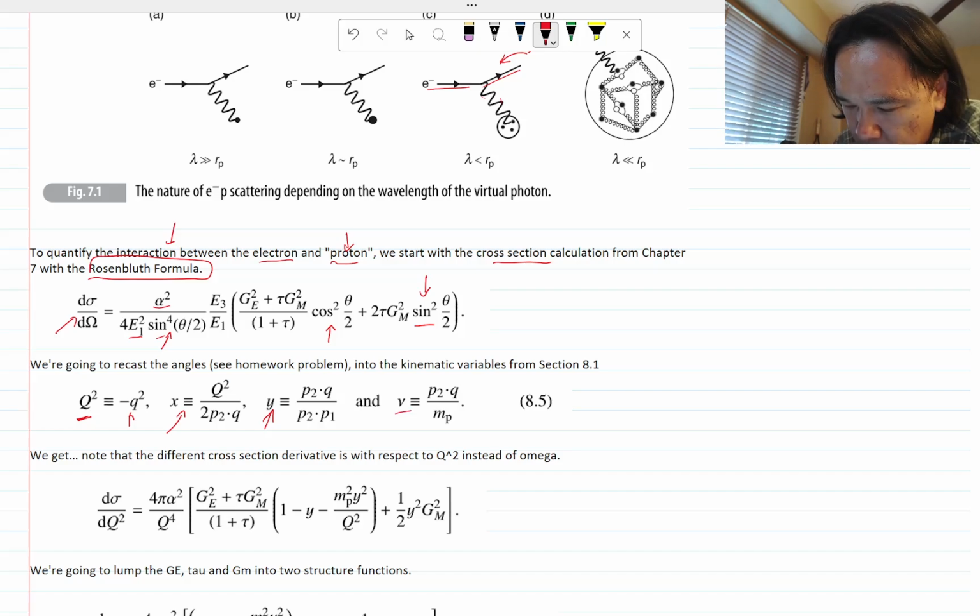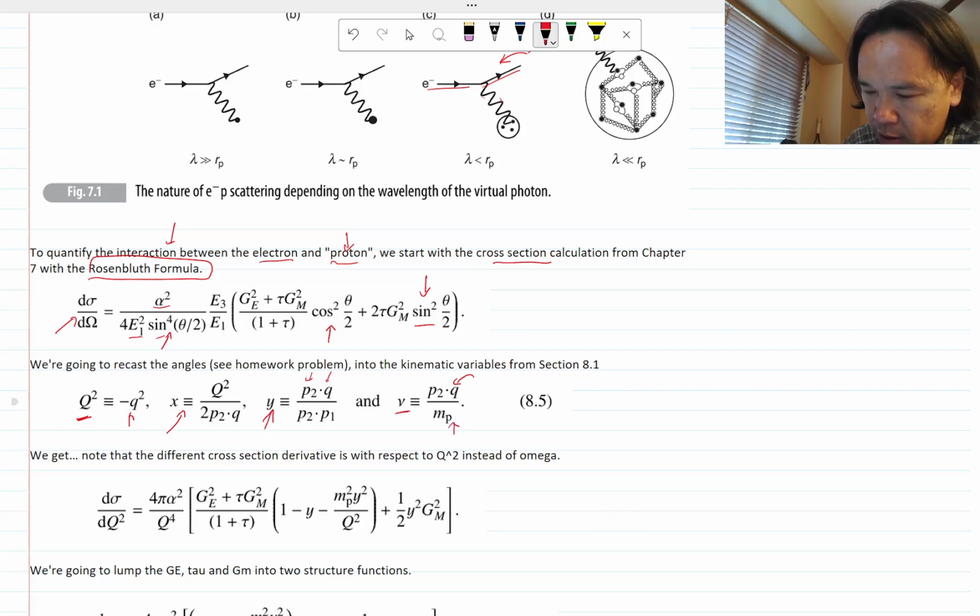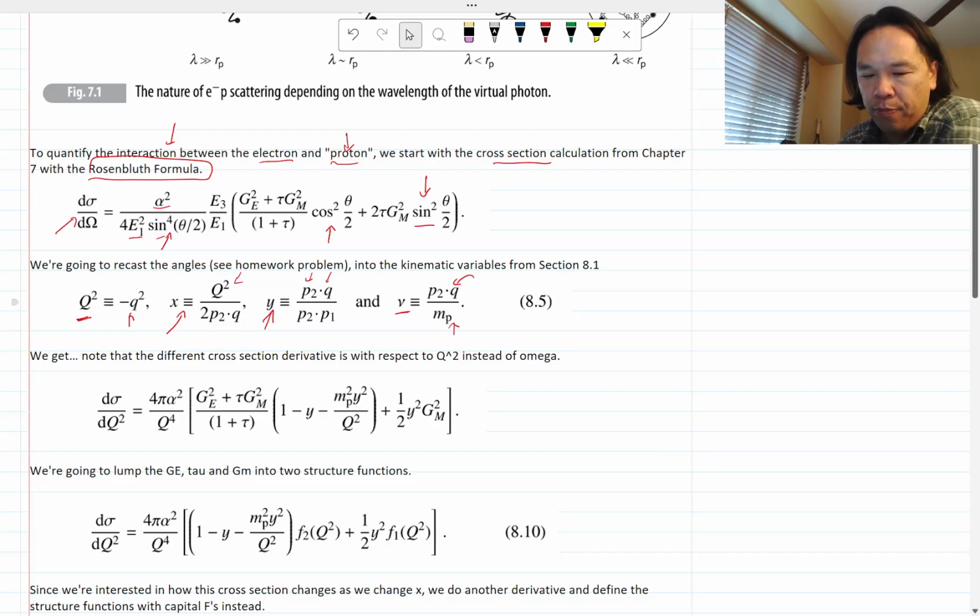And then we also have nu, which is basically just the energy difference between the incoming and outgoing electron. But it can also be calculated in this invariant form, where it's P2 dot Q divided by the mass of the proton. All of these are invariant because any 4-vectors dotted into each other are always invariant. And of course, mass is invariant, and Q squared is also another dot product between the photon 4-vector dotted to itself.